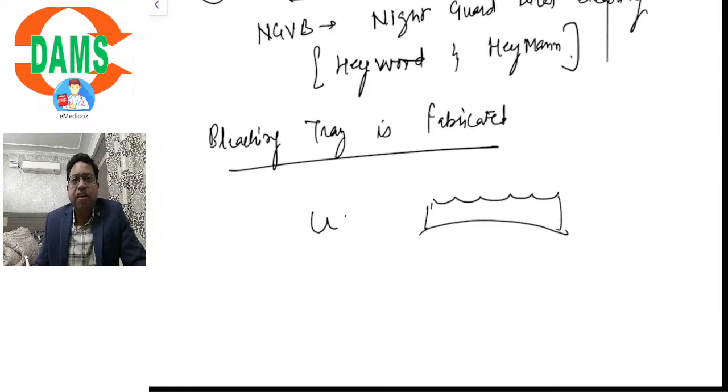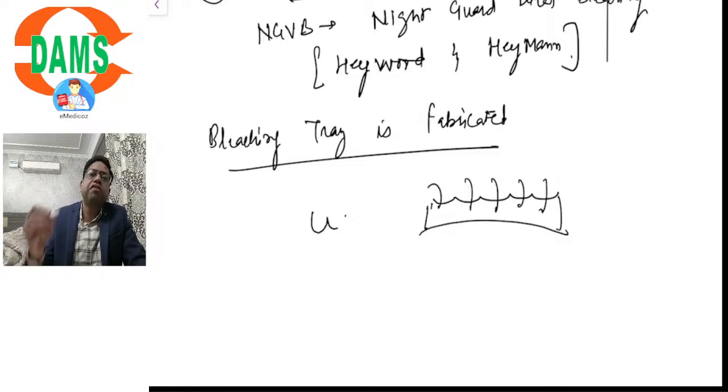You must have seen clear aligners, you must have seen night guards. They are made up of polycarbonate materials. So similarly, a bleaching tray is fabricated into which we apply the bleaching agent, and the patient wears that tray either during the day or during the night.